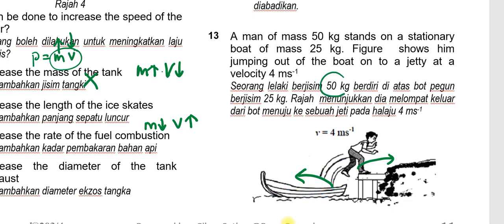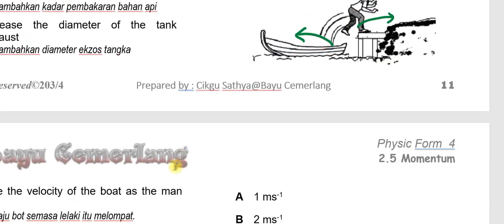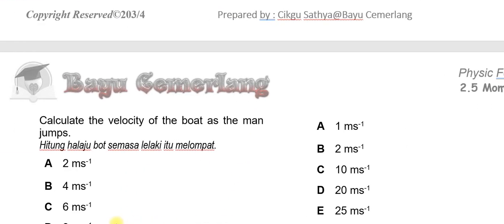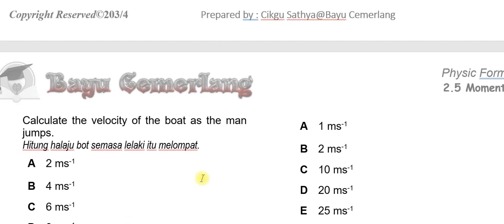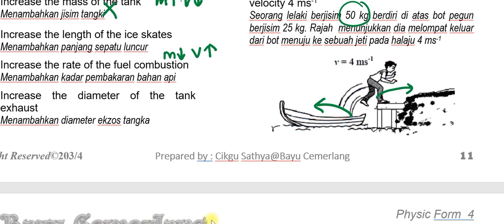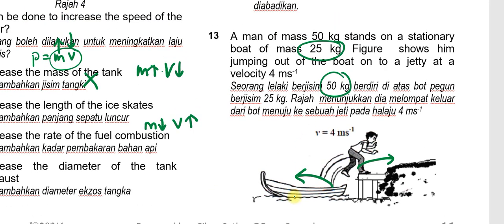So 50 kg guy on the stationary boat, mass to 25 kg. Figure show him jumping out the boat at a velocity of 4 meter per second. Calculate the velocity of the boat as the man jump. Okay, so cuba kita buat. Kita ambil this is explosion, you know already. So M1 V1 equal to M2 V2 lah.